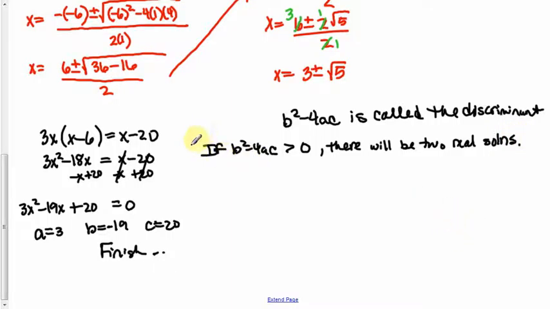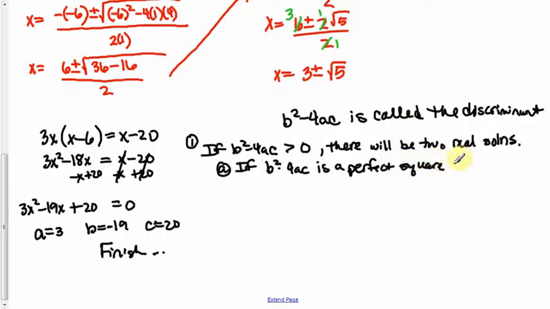So this is your first rule, your first case of it. Part A of that is if b squared minus 4ac is a perfect square, the solutions will be rational.